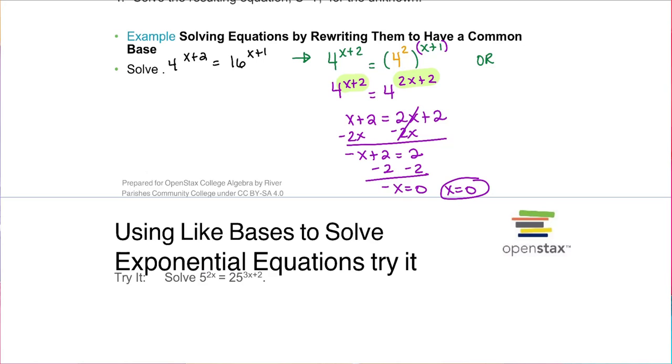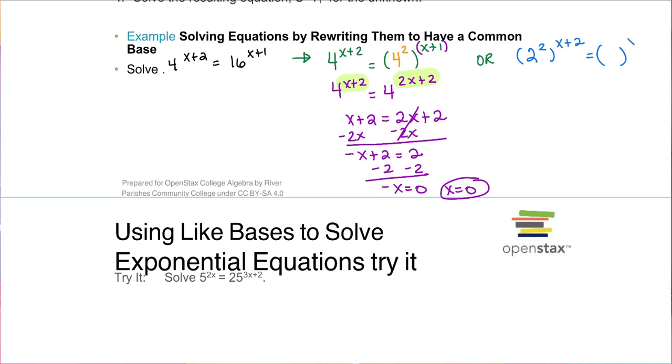Alright, so I just want to show you that there is another way to approach it, because 4 and 16 have another power in common, a base in common, and that would be 2. So I could rewrite this as 4 to the x plus 2, but write 4 as a power of 2. 4 is really 2 squared.